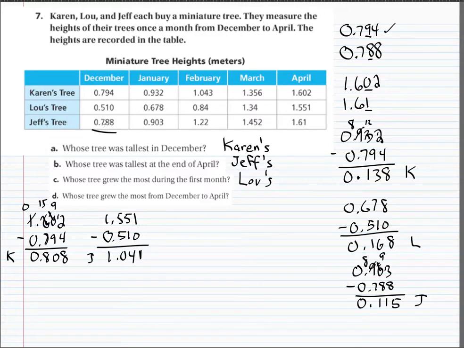In order for it to have grown more than 1, it'd have to be at 1.78. Have to be actually a 1.788. So it definitely didn't grow 1 whole meter. So that tells us that Lou's tree is the one that grew the most.